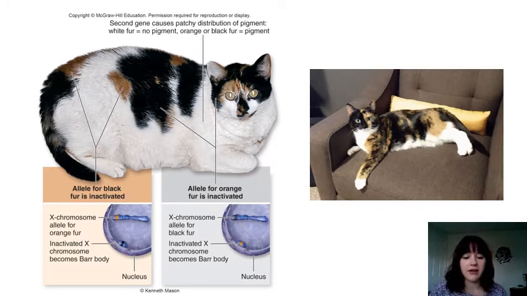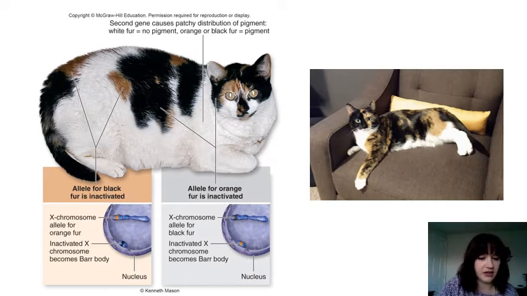And so basically, as I said, the two X chromosomes don't both express their genes. One of them gets shut down, and whichever chromosome gets shut down is random. So in this case, this cell is heterozygous, so it has one allele for orange and one for black.